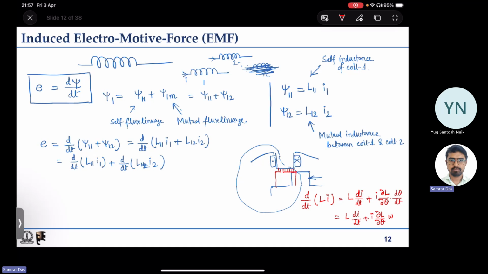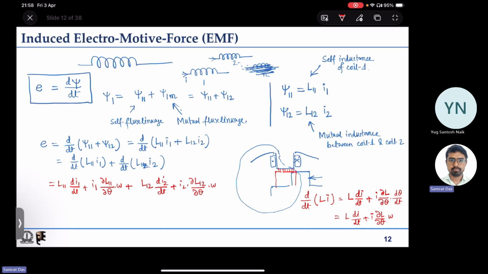If I write the same thing for these two terms, I get L11 di1/dt plus I1 ∂L11/∂theta into omega for the first term. For the second term, L12 di2/dt plus I2 ∂L12/∂theta into omega.